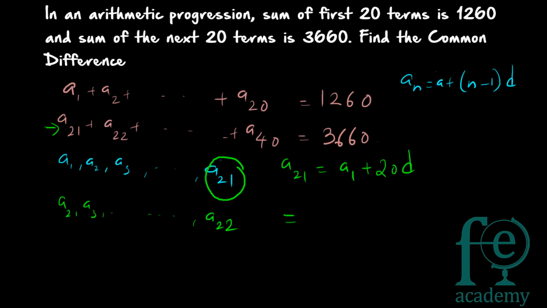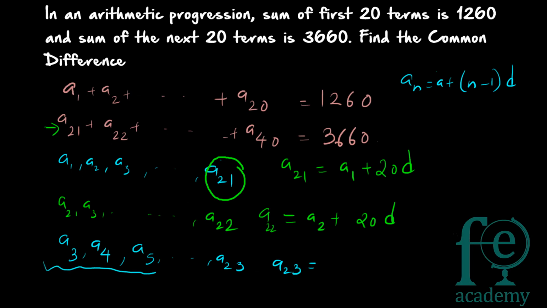Similarly, starting from a2, we form another series a2, a3 up to a22, so a22 will be equal to a2 plus 20d. Again a22 is the 21st term and a2 is the first term. Similarly, how can you write a23? a23 can be written as a part of the series starting from a3, a4, a5 up to a23, and again a23 will be the 21st term of this series.